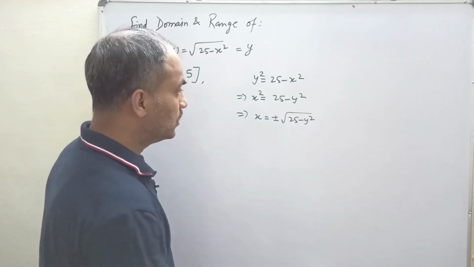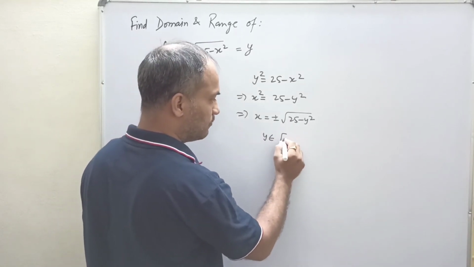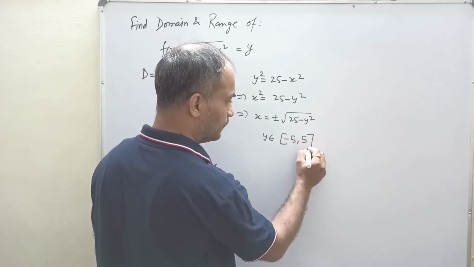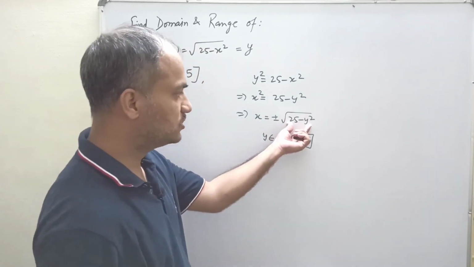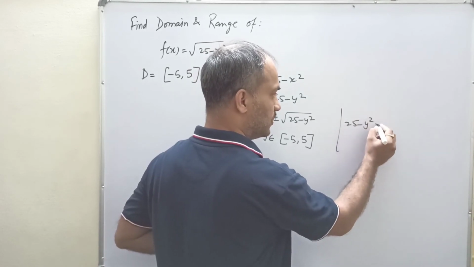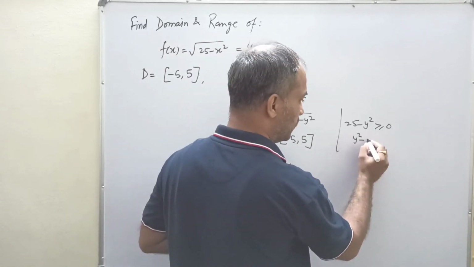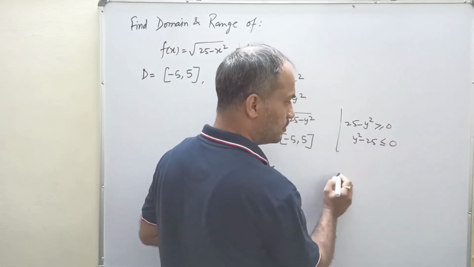Now from here what we get, the possible values of y will be minus 5 to 5, according to the same condition, because 25 minus y square needs to be greater than or equal to 0. So y square minus 25 should be less than or equal to 0.